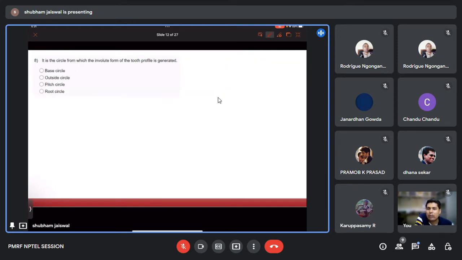It is the circle from which the involute form of the tooth profile is generated. Base circle, outside circle, pitch circle, root circle.